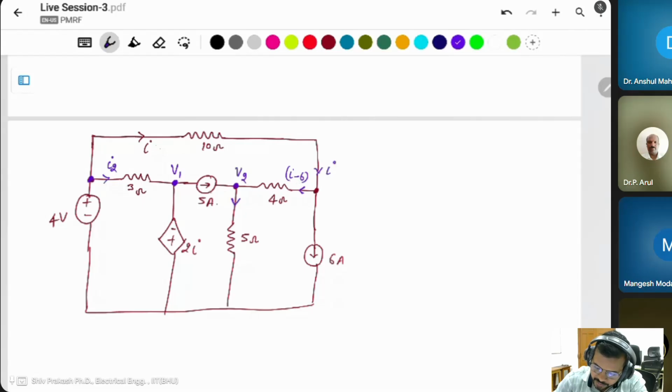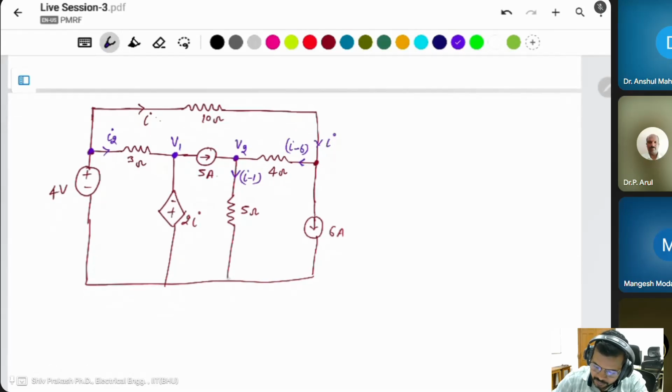This current will be I minus 1. All are connected at the same point, the negative point, which you can say is 0 potential. And what is the voltage difference between V2 and V1? V2 minus V1 in this case.